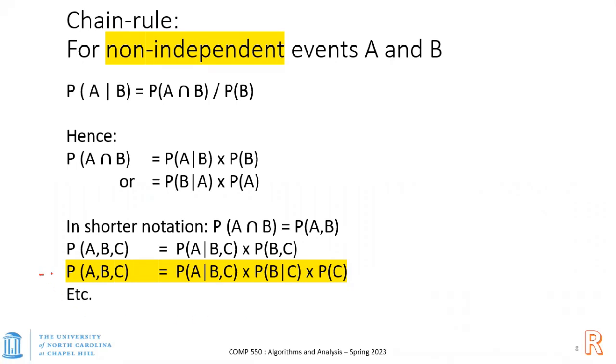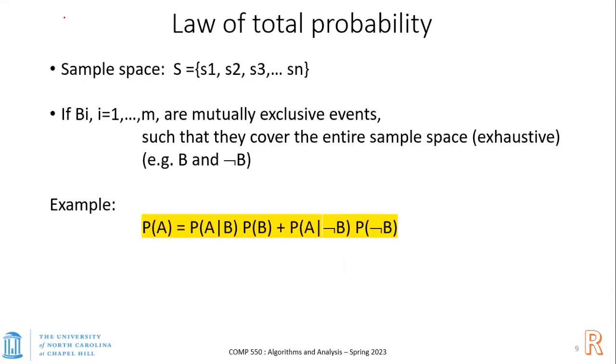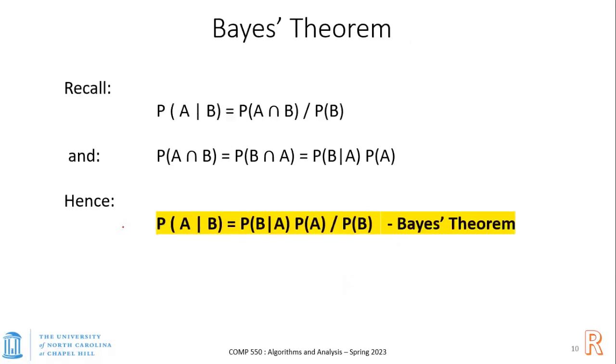The joint probability of A, B, and C would simply be given by the following formula, which was referred to as the chain rule. Then we had the law of total probability, which came in handy when we looked at the Bayes theorem, and the Bayes theorem was given as follows. I'm not going to go into the details of that, but this is a summary of all the slides we looked at.